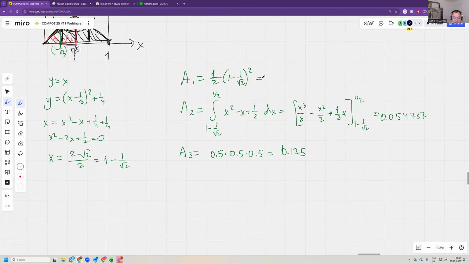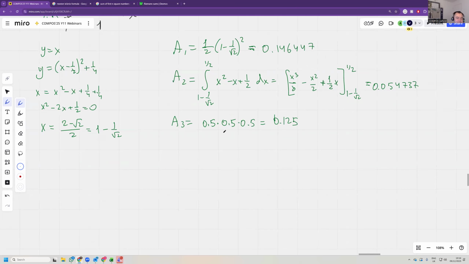And A1 is 0.5 times (1 minus 1 over square root 2) squared, which is approximately 0.04289.